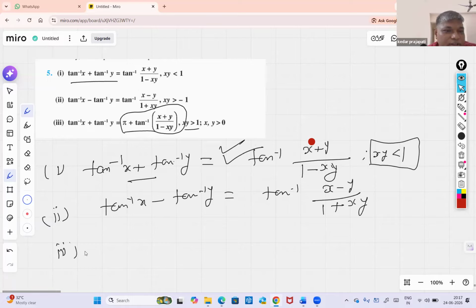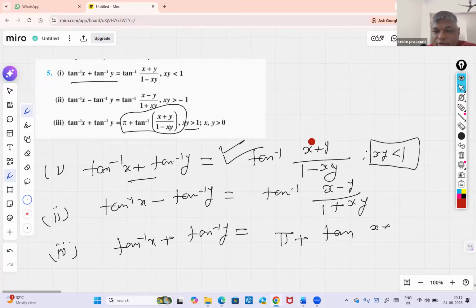So third one is tan inverse x plus tan inverse y. This is another variation of this. You can just write it as pi plus the same formula, (x plus y) divided by (1 minus xy). Now the condition is xy is greater than 1.